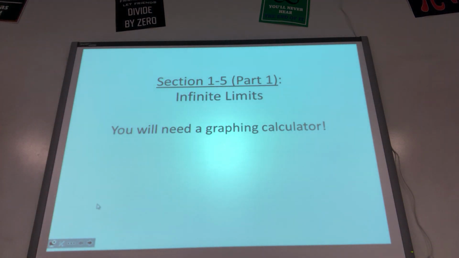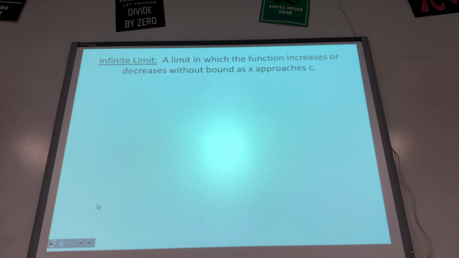Important title, infinite limits. Okay, now before we really do any of our examples, I need to show you what an infinite limit is. So this is just a basic definition of an infinite limit.